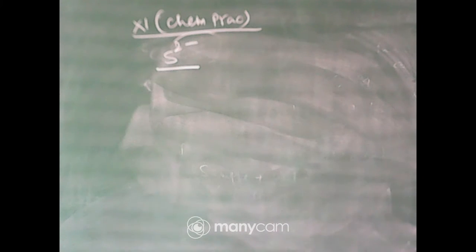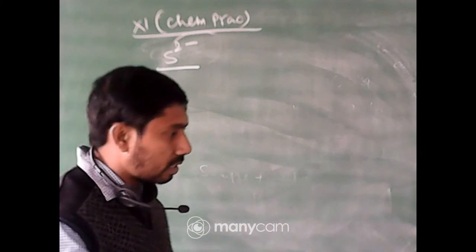Only this amount. Now next, what to do with the sample? First of all, add acetic acid and then lead acetate. First add acetic acid and then test with lead acetate. So this is the dilute acetic acid.